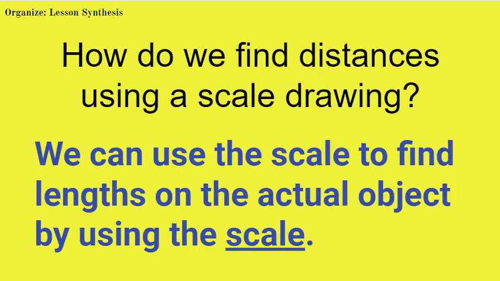And how do we find the distance using a scale drawing? We can use a scale to find the lengths of the actual object. So like we talked about before, if 1 centimeter is equal to 2 meters, we know that if something is, for example, 5 centimeters drawn, in real life it would be 10 meters long.